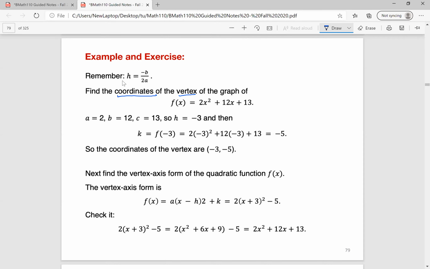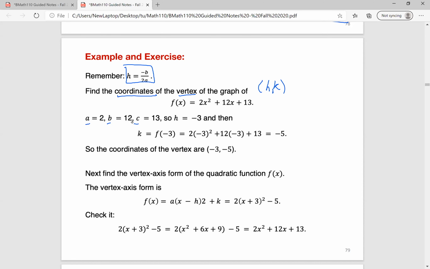And as I keep saying, remember h will be equal to negative b over 2a. And here we want to find the coordinates of the vertex, which is h comma k, right? What is that going to be? Firstly, I list out a, b, and c. So I have a equal 2, b equal 12, c equal 13.